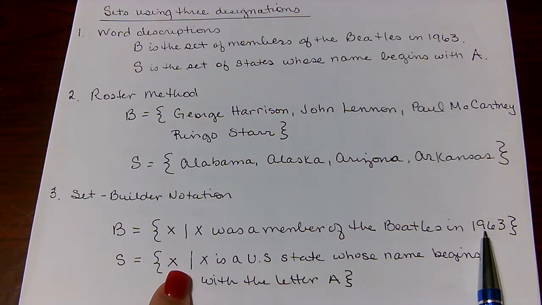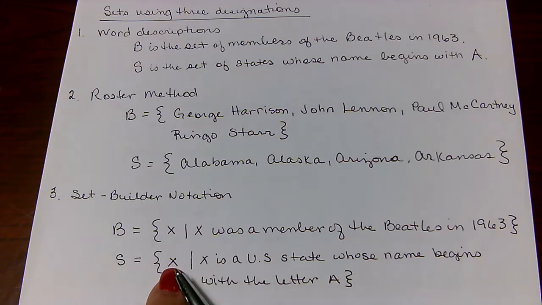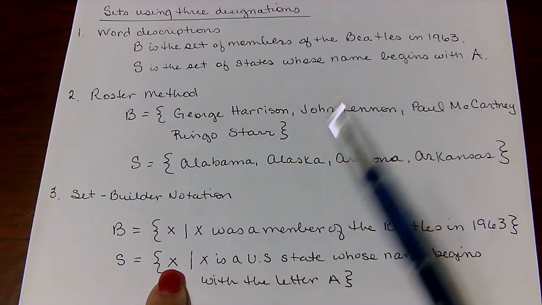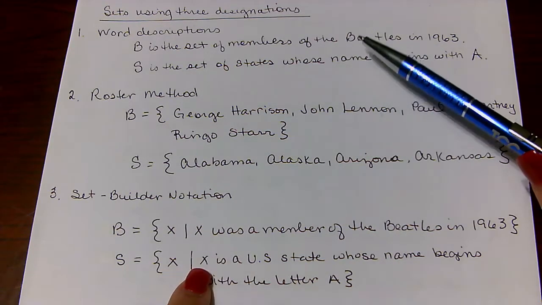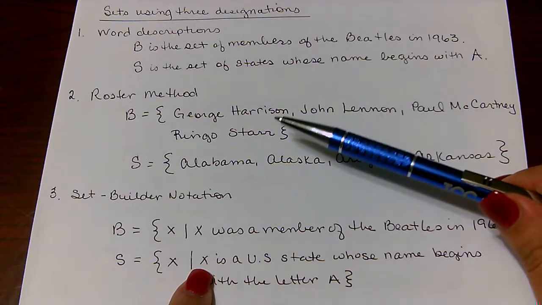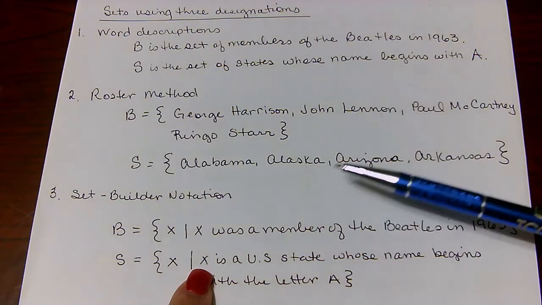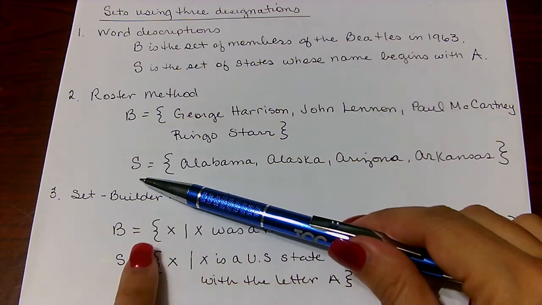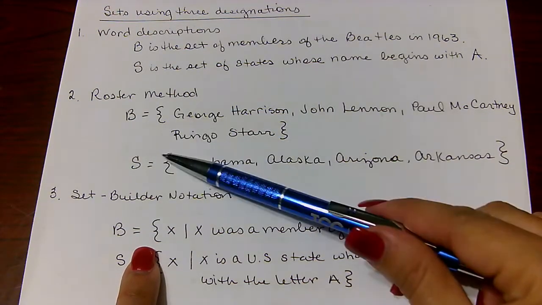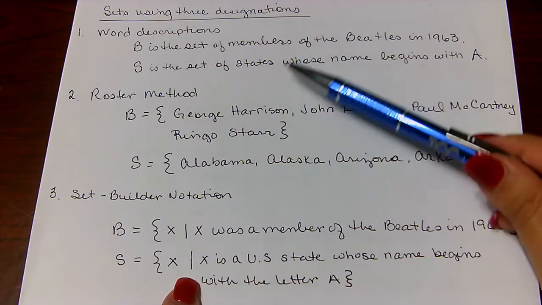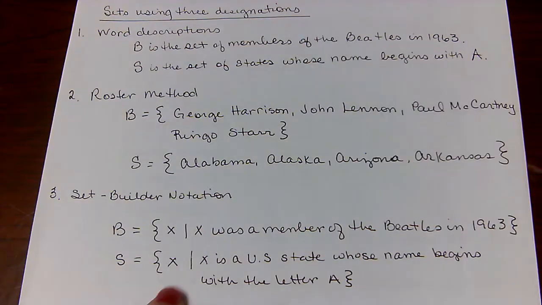For set S, each member is called X, where X is a U.S. state whose name begins with the letter A. These two are similar, but it also includes the format where you use the braces and the equal sign from the roster method. So it's a combination of both.